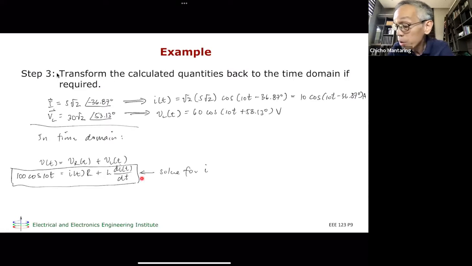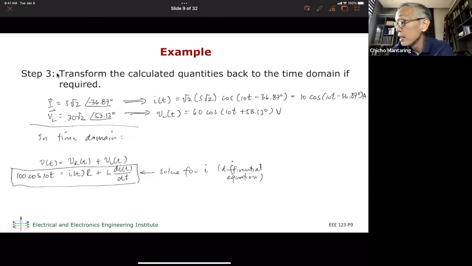Kailangan marunong kayo mag-solve nitong mga equations na ganito. In the time domain, you call this a differential equation. It's not easy to solve differential equations. Ito madali-dali pa to, mathematically, but when you have more complicated circuits, it gets more complicated. If we do it in the phasor domain, we did it very easily.